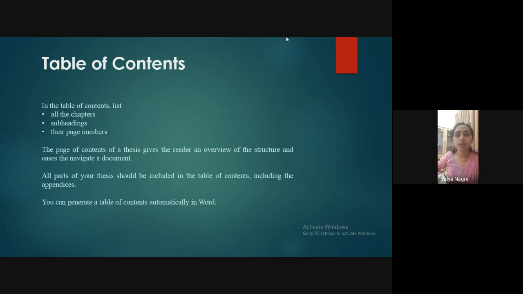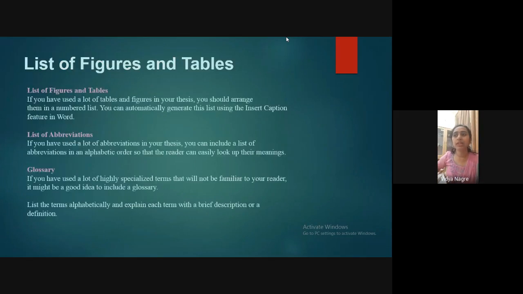Next slide, please. Then goes the list of figures and tables. In many studies, scientific studies especially, we use a lot of tables and figures. At the same time, some words are very new to the readers. There are some new words, especially technical terms, which are uncommon.